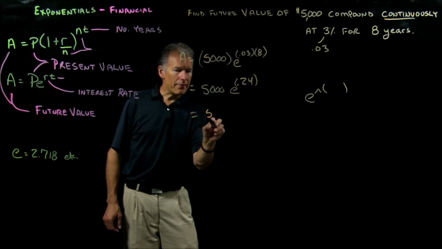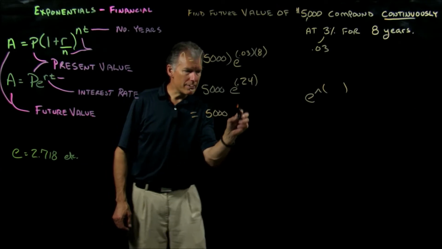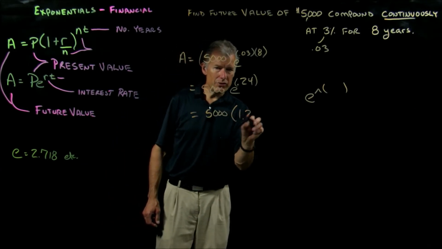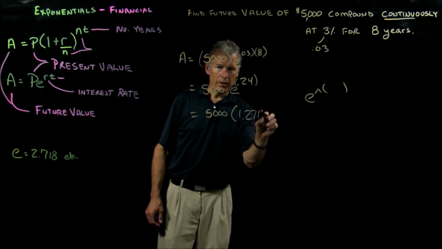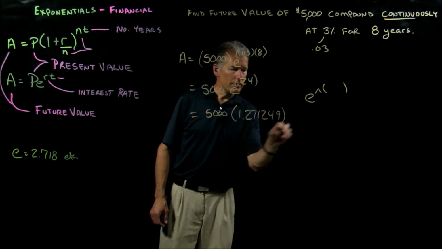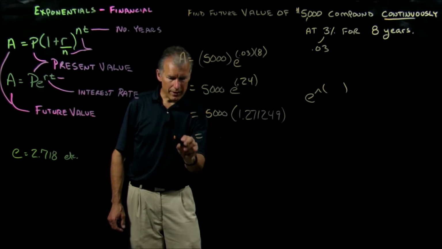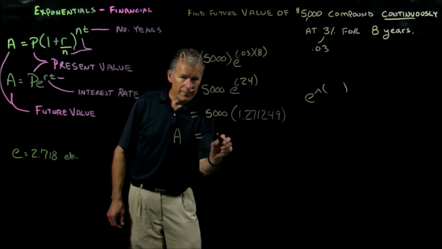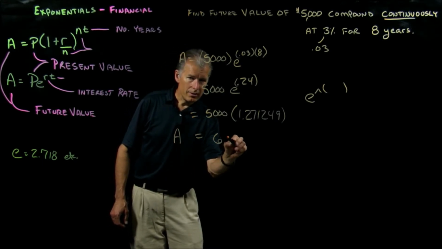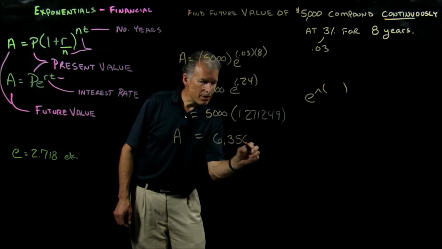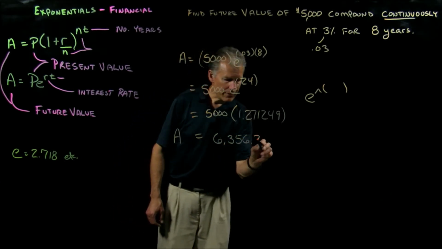So now we have $5,000 times 1.271249, and then multiplying those out, we find that the future value is $6,356.25.